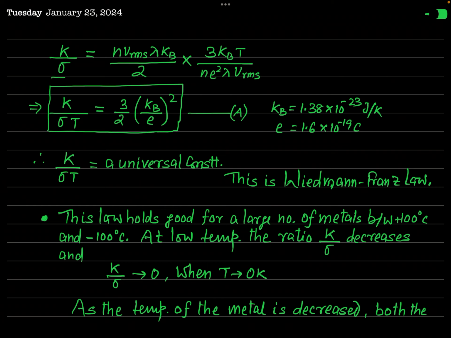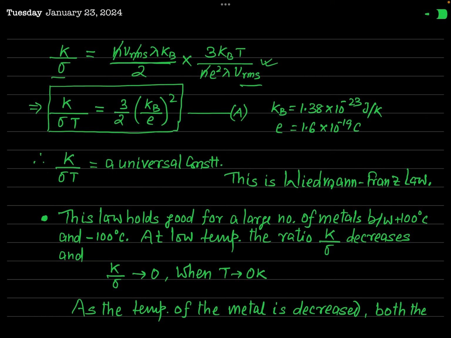K is equal to n Vrms lambda kB divided by 2, and divided by sigma, but sigma was N e square lambda Vrms divided by 3 kB T. As it is in the denominator, this will be in multiplication, 3 kB T by N e square lambda times Vrms. Now cancel out the common factors in numerator and denominator.